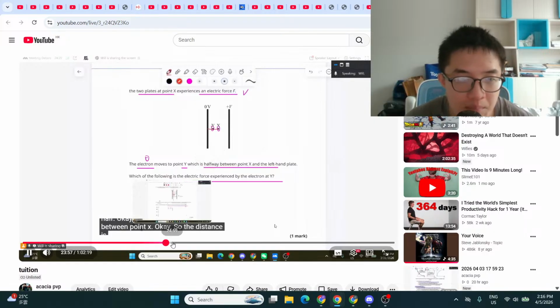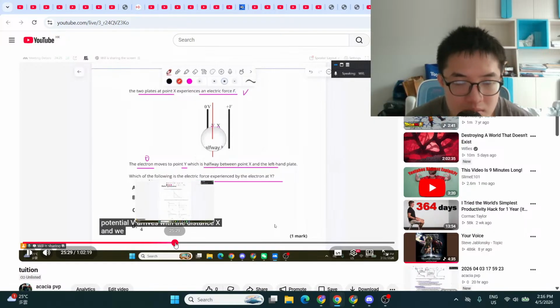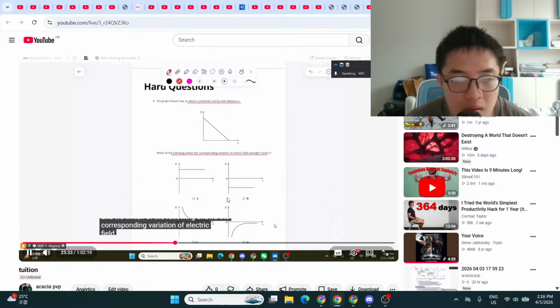So the distance is half. The point D. Which of the following shows the corresponding variation of electric field strength with X? Okay, the graph. B. The graph. We need to find the potential and axis to know what? V over X is the electric field strength.